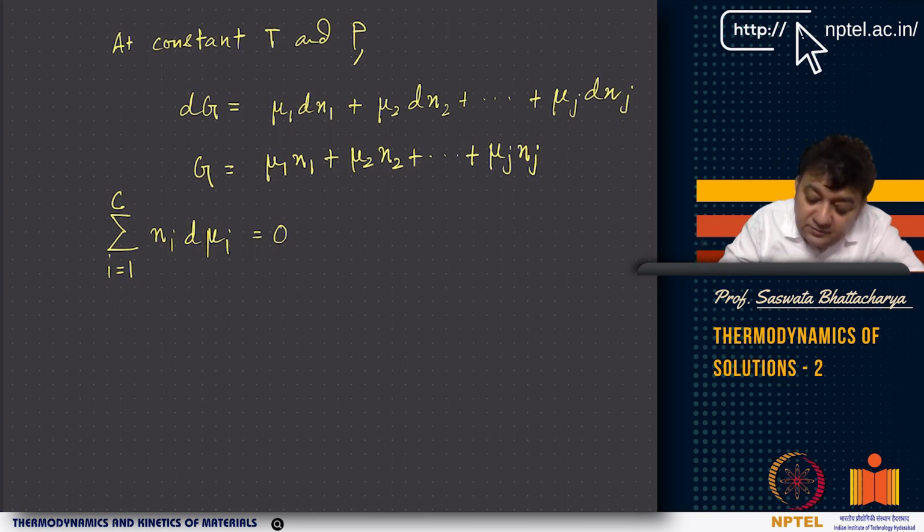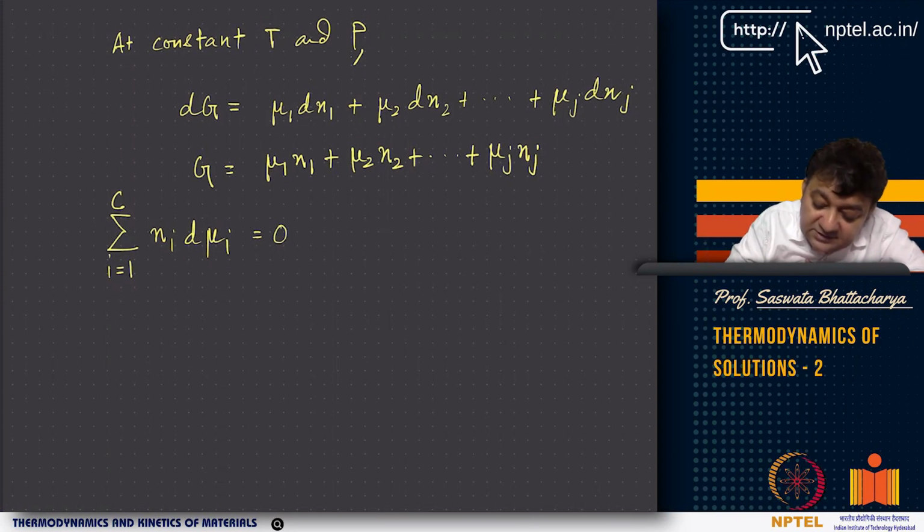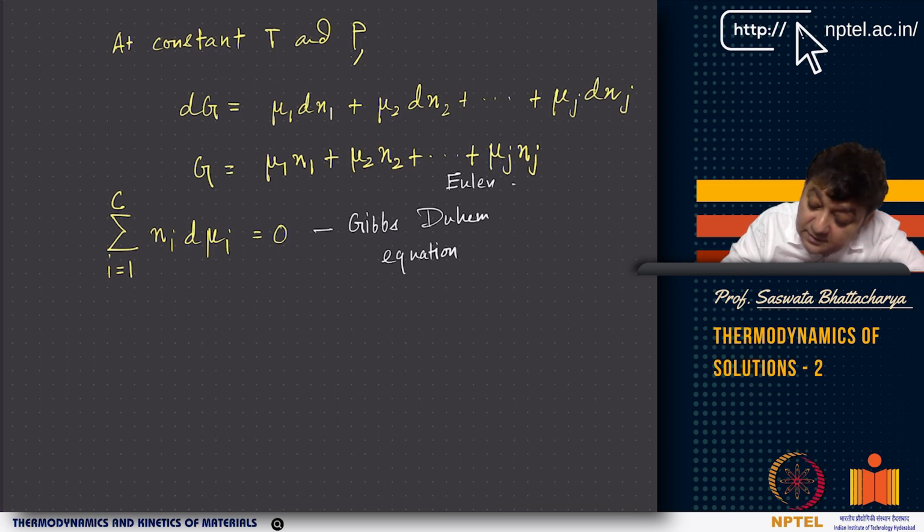Now, as you know from the Gibbs-Duhem relation that I have already discussed, at constant temperature and pressure, dG is nothing but mu_1 dN_1 plus mu_2 dN_2 plus mu_j dN_j, and sum of N_i d mu_i equals 0. That is your Gibbs-Duhem equation. And this is called the Euler equation at a given temperature and pressure: G equals mu_1 N_1 plus mu_2 N_2 plus mu_j N_j.